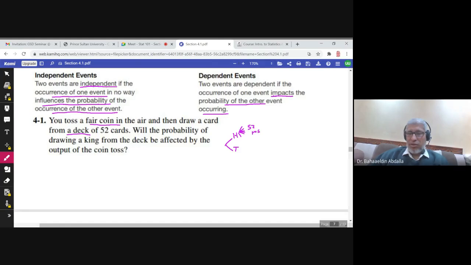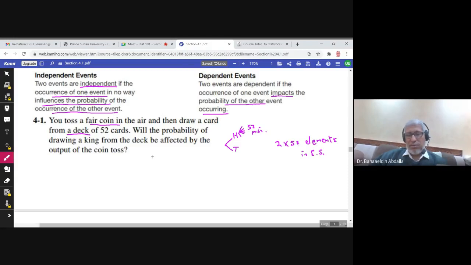So, how many elements are in the sample space? 2 for the first choice times 52 for the second choice. This is the number of elements in the sample space. Anyway, this is not the question.